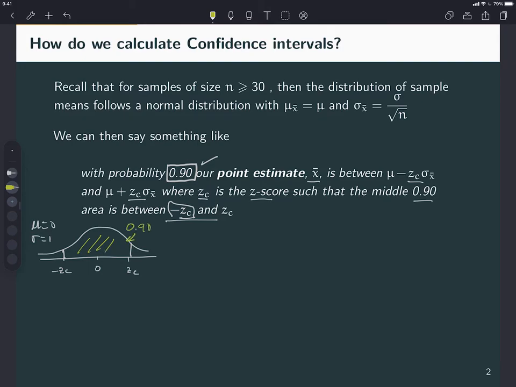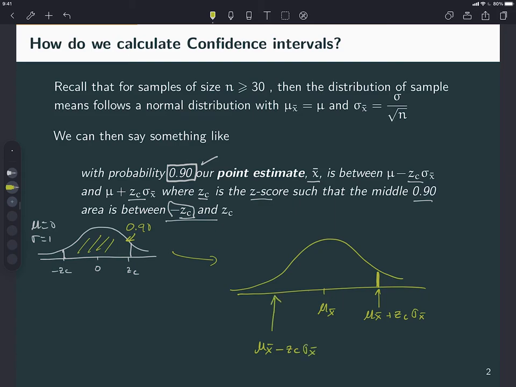Okay. So if you find those two values, then converting to x scores, under my standard normal curve, if you have the mean of your sample means and you add the z-score times the standard deviation, that will be the equivalent value here, and then you do the mu minus the z-score times the standard deviation of the sample means, and that will give you the value here.